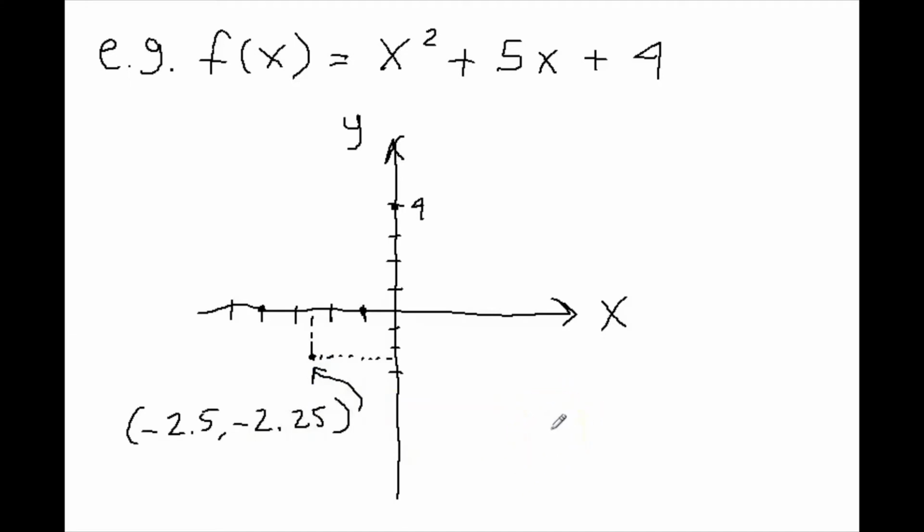And I already said that the parabola opens up. So when I connect the dots, it'll look much better when you do it in a computer. So roughly, that's what the graph of this parabola looks like.